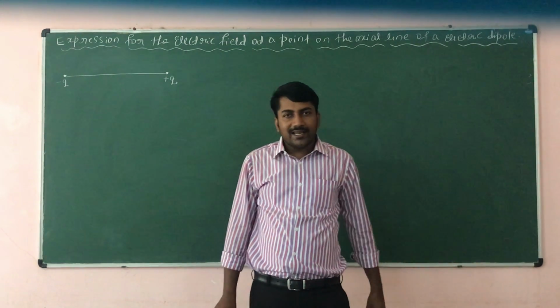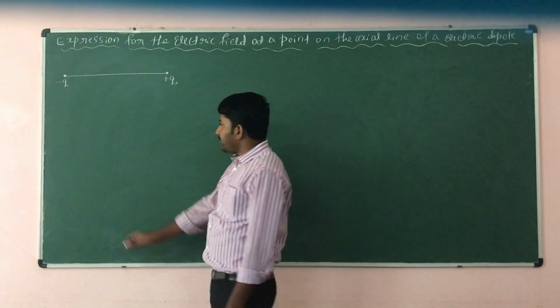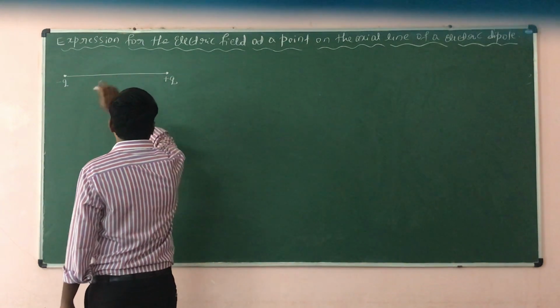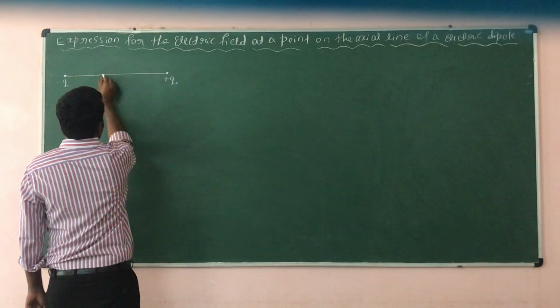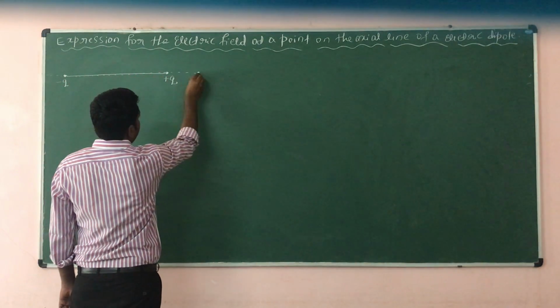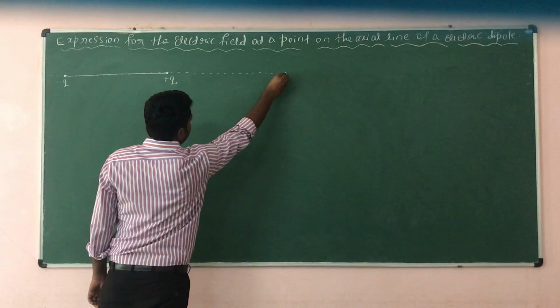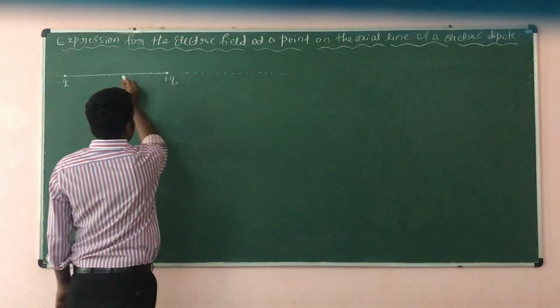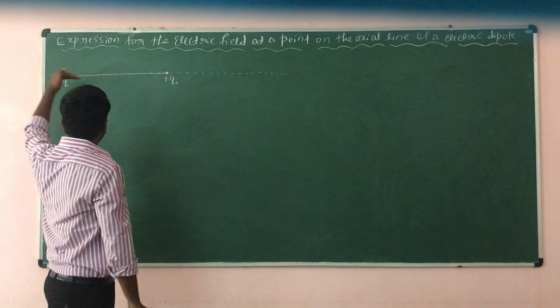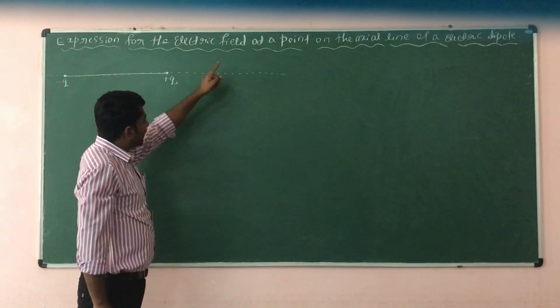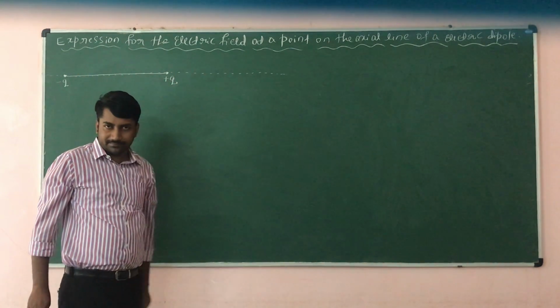Then a line passes through the axis of this electric dipole. Now I draw a small line here. This is called the axial line.